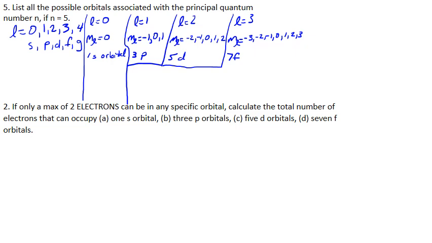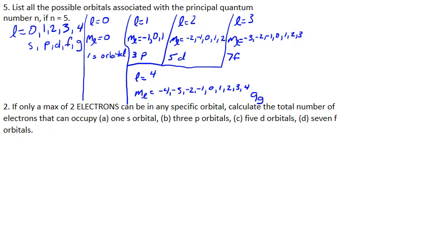There's 7 different values for 7 f orbitals. And then finally, if L is equal to 4, my m sub L values will range from minus 4 all the way to positive 4, which is a total of 9 g orbitals.